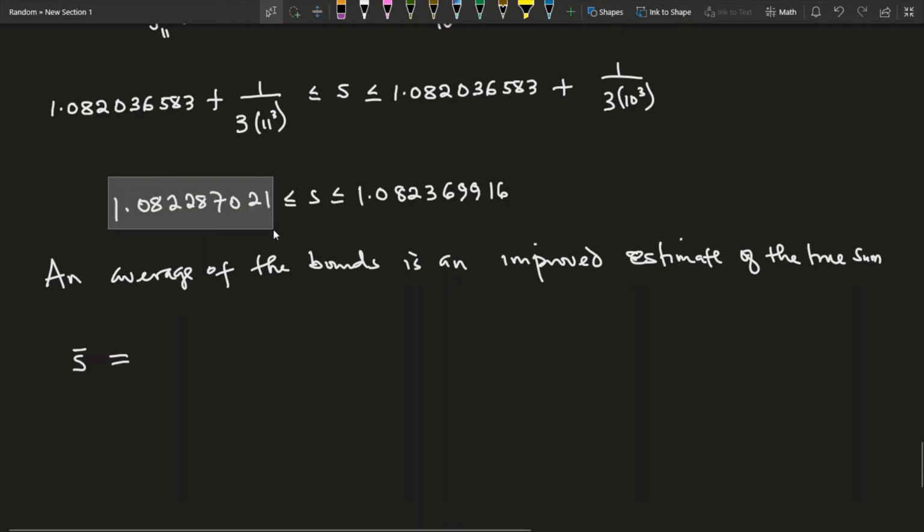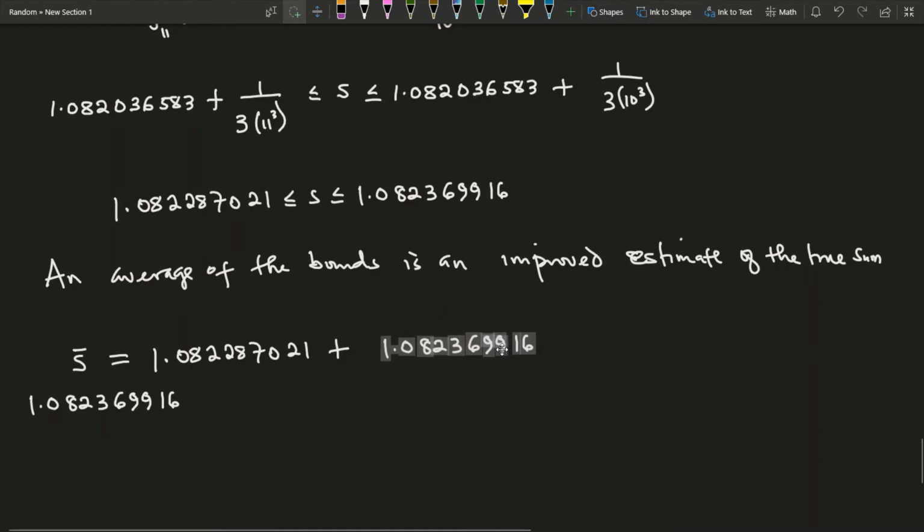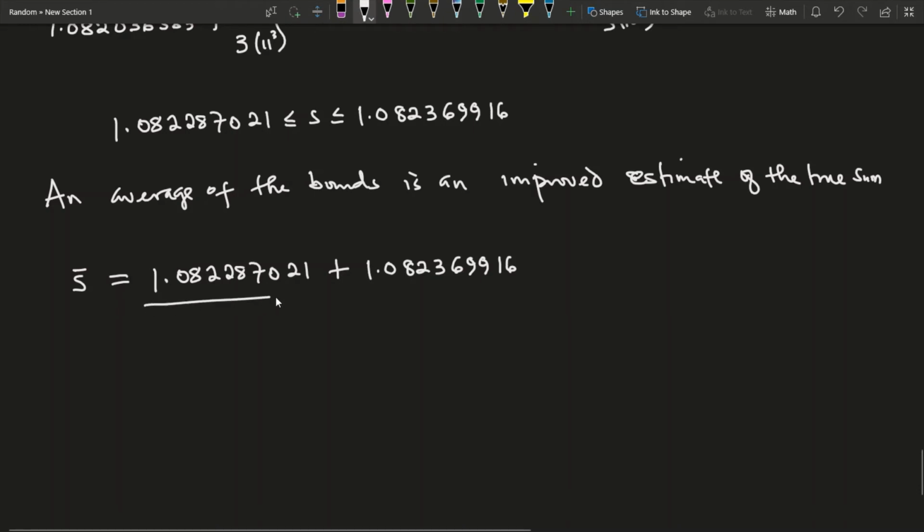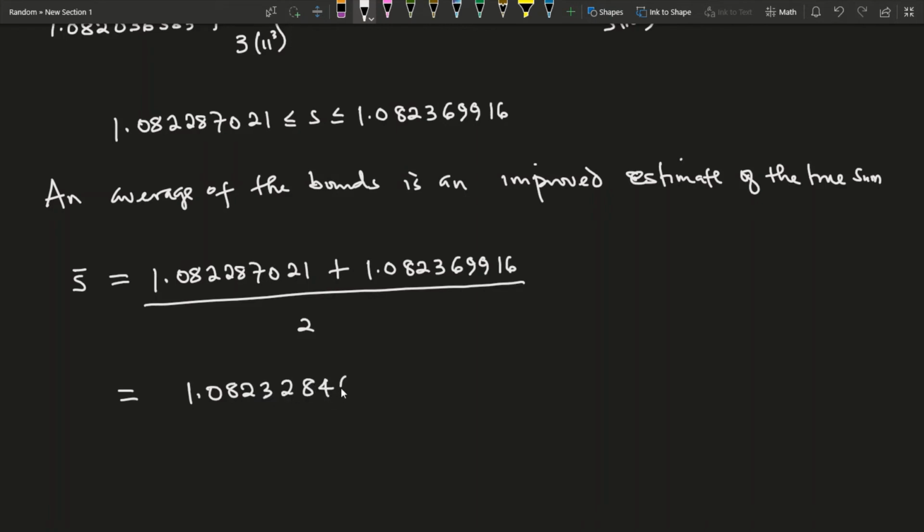So I have this, then plus, copy again, paste, okay, and then we divide by 2, and this turns out to be 1.082328469.